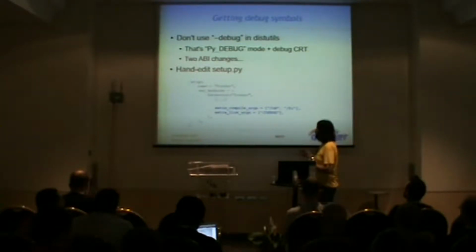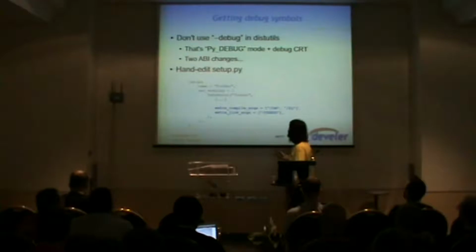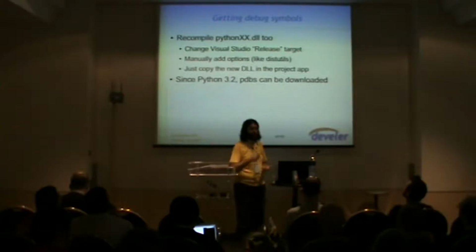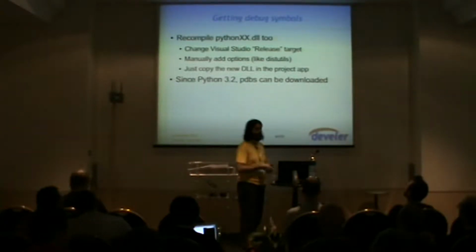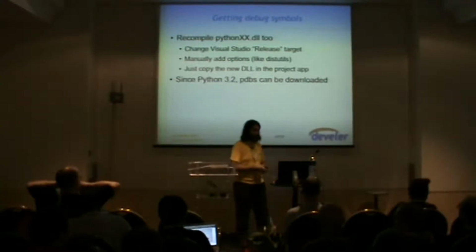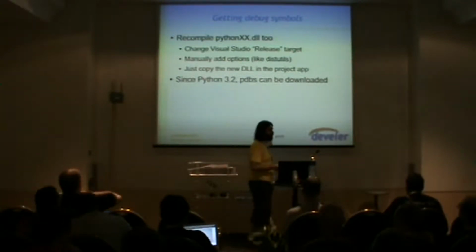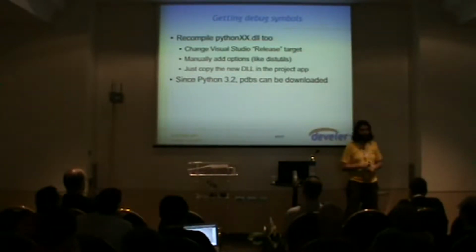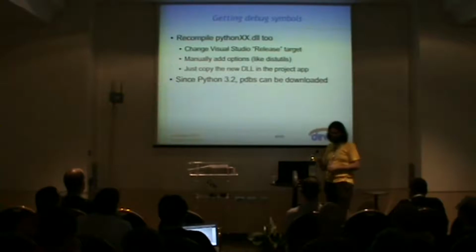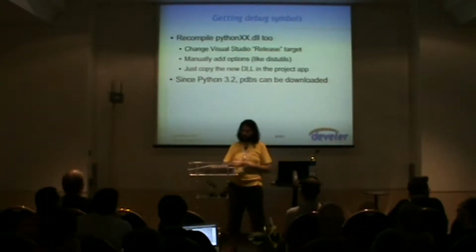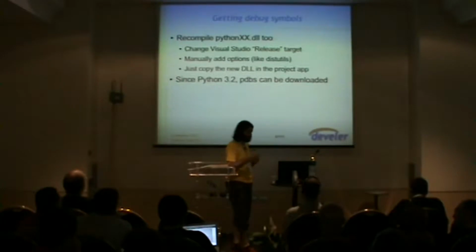We should probably eventually contribute something to these tools for this. If debug symbols in your DLL are not enough, you probably want debug symbols in Python itself sometimes. In Python 3.2, they are now shipping debug symbols on Windows as a separate download, which is very nice. But if you're using an older Python version, you need to recompile Python yourself, which is not hard.